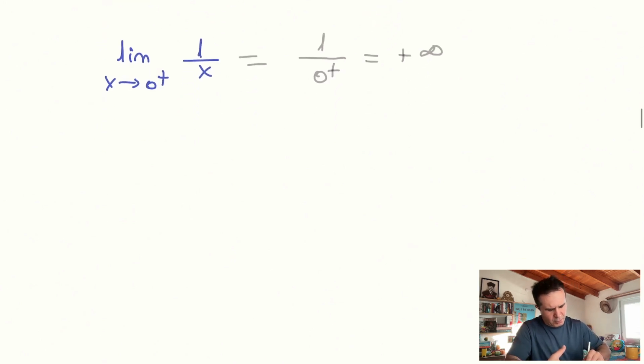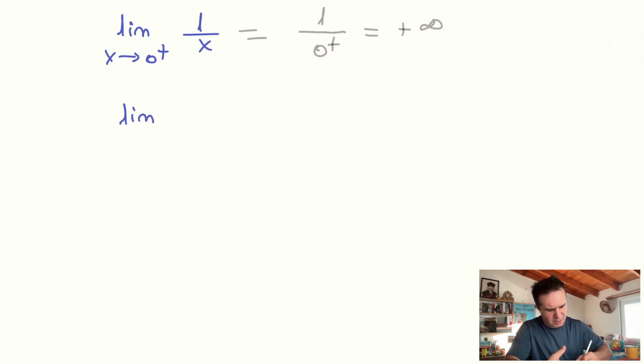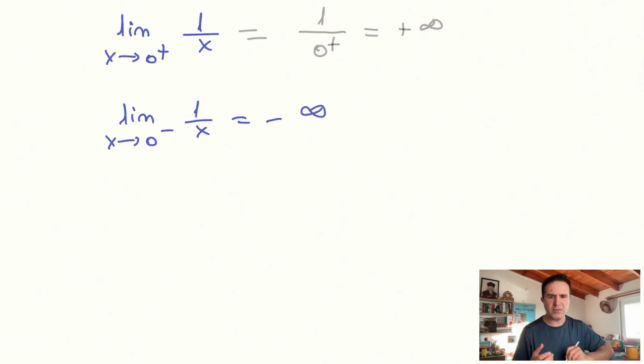And from the left hand side, as x approaches 0 from the left, the function this time decreases without bound. So this limit of 1 over x will be equal to minus infinity this time.